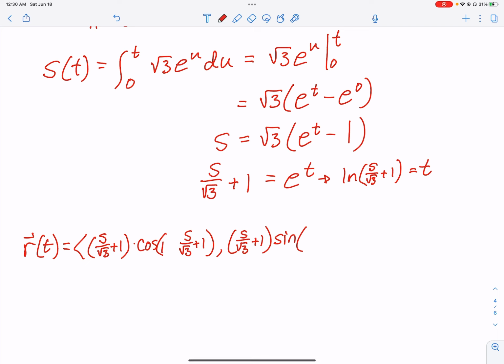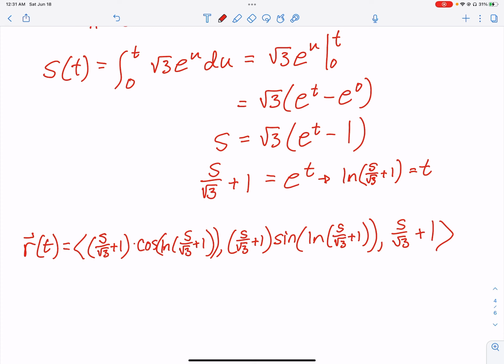Ln of that. It's not pretty. Ln of s over the square root of 3 plus 1. And then our last one was just e to the t, so we get s over square root of 3 plus 1. That is the vector in terms of s, in terms of arc length. Is it pretty?